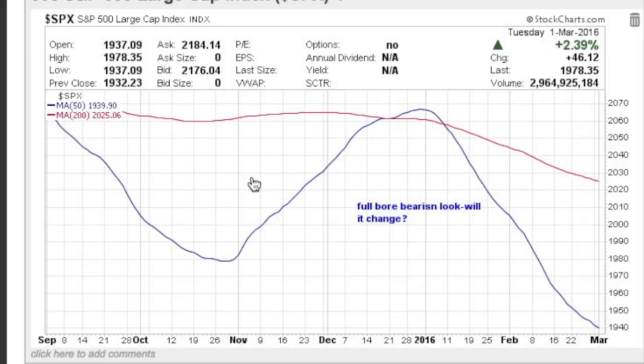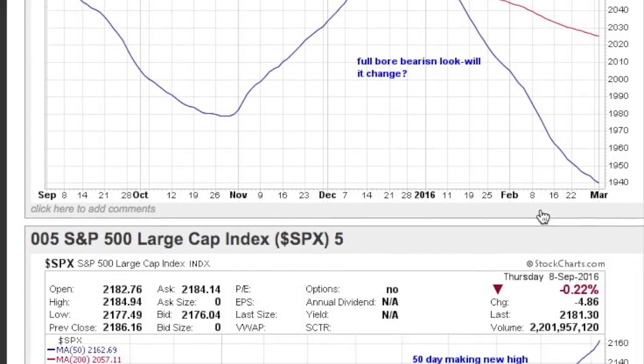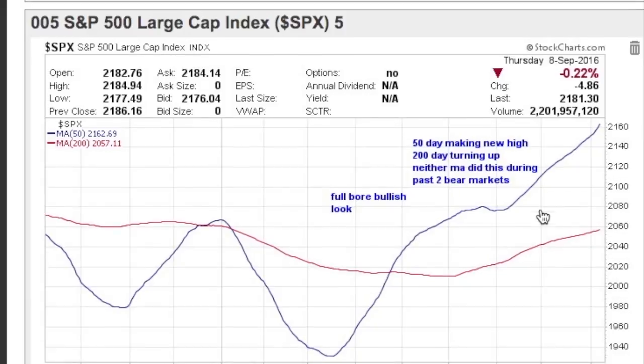We were in a bear market for all practical purposes, and it was pretty much a full-bore bearish look. So you can see here going into 16, the 50-day was way below the 200-day, and that was a full-bore bearish look.